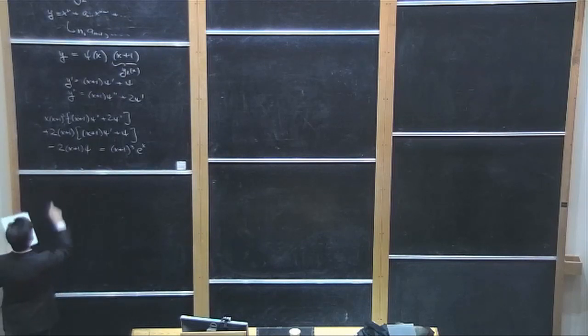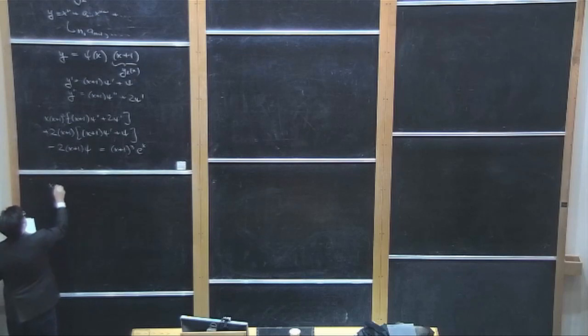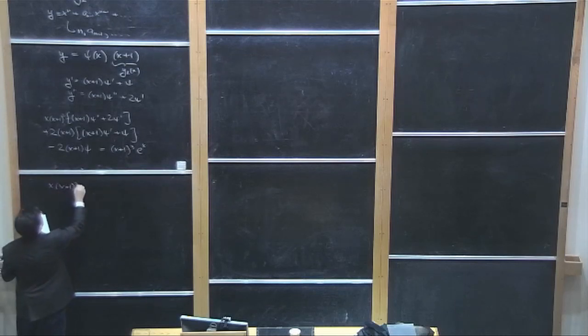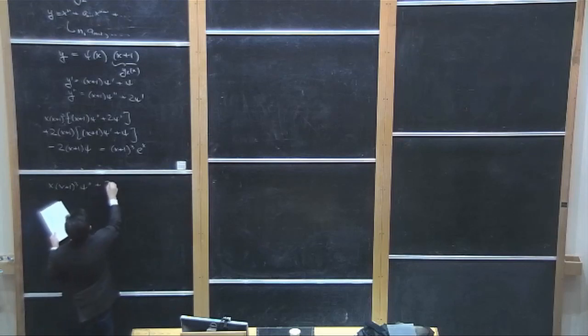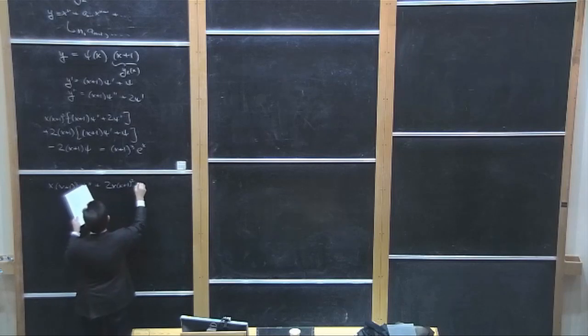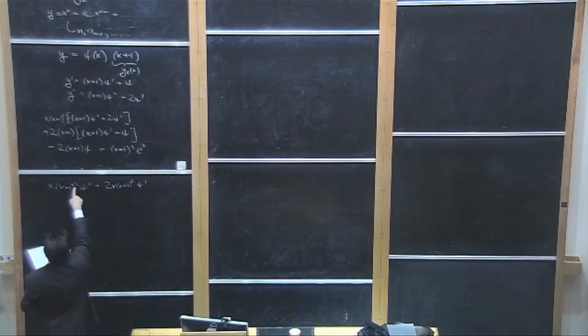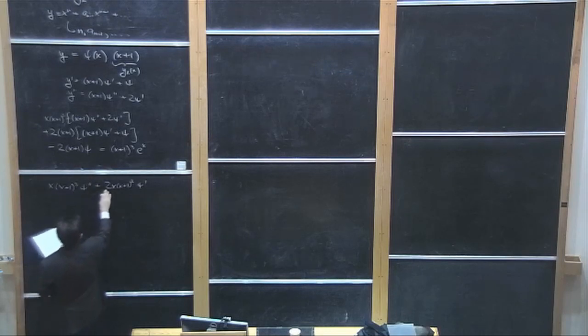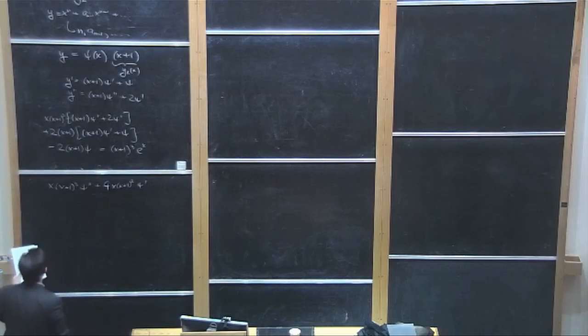Now, so let's assemble everything. So it's x plus 1 cubed psi double prime plus 2x, x plus 1 squared psi prime. That's the second term. Actually, there is another term like that from there, right?